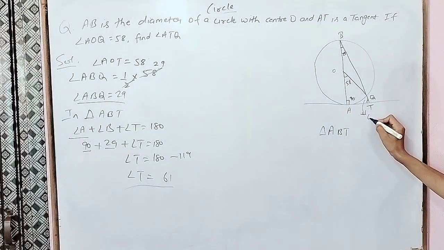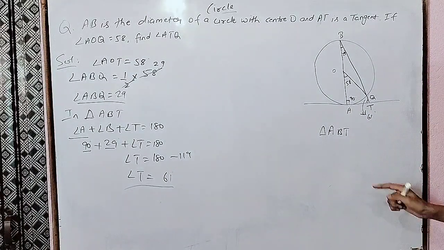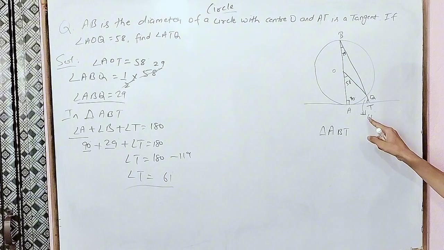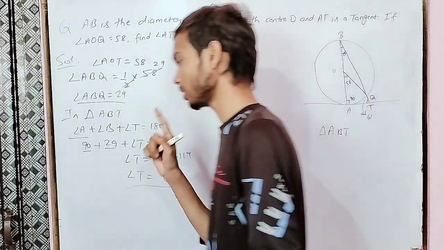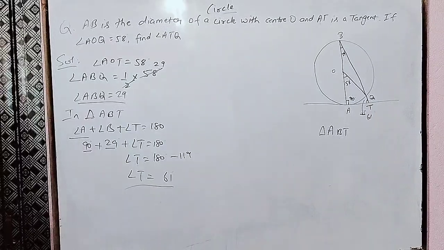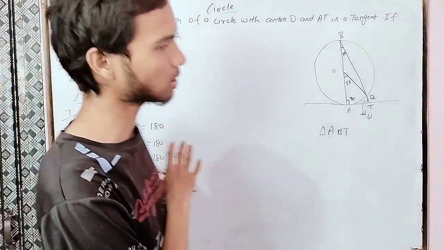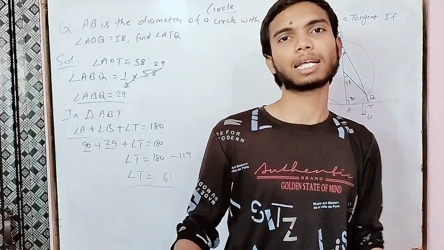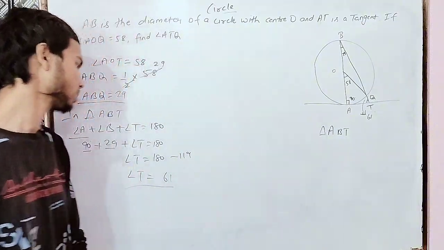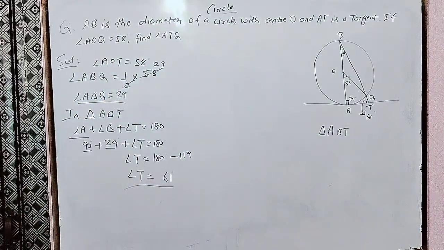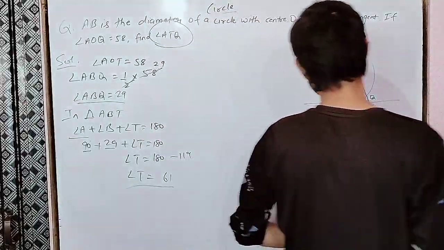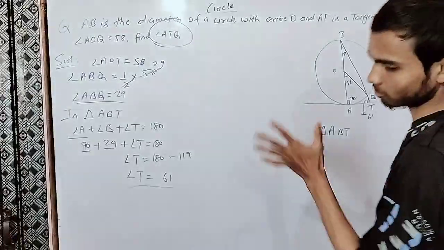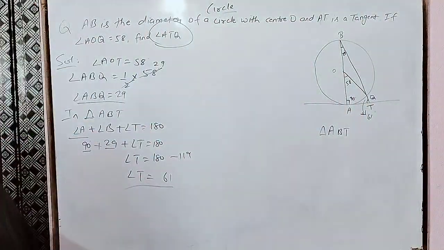Now you can even check. The sum of these angles should be 180 degrees. If yes, then we can say our answer is correct. So this is how we can check. Finally we have found the answer to this question. That's all. You can see how you can find it.